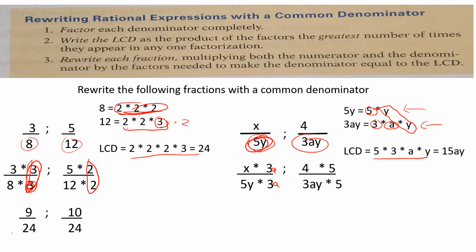What's missing is the 5, so we multiplied by 5. And that's going to give us what we need on top. And this is going to be 3ax, and then on top is 20. So now we've rewritten the two fractions here.